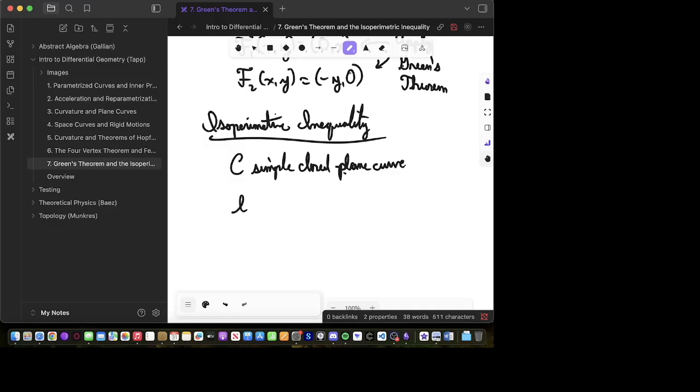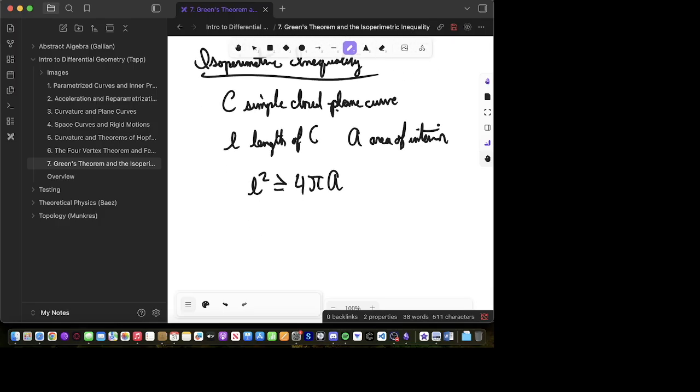So if we have L, the length of C, and A, the area of the interior, then L squared is greater than or equal to 4 pi A, and it is equal if and only if C is a circle.